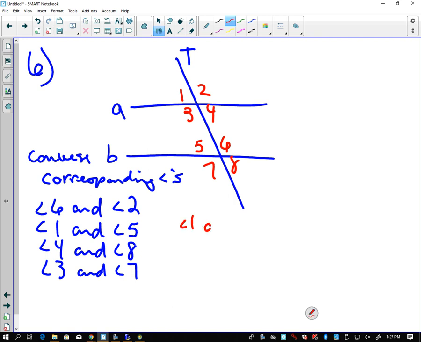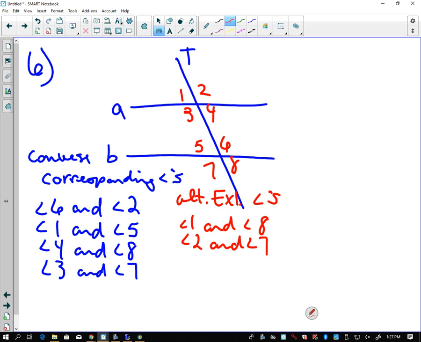Angle 1 and angle 8. What's special about 1 and 8? What are they? Alternate exterior angles. 1 and 8 are alternate exterior angles. 2 and 7 are alternate exterior angles. Is that all my alternate exterior angles?